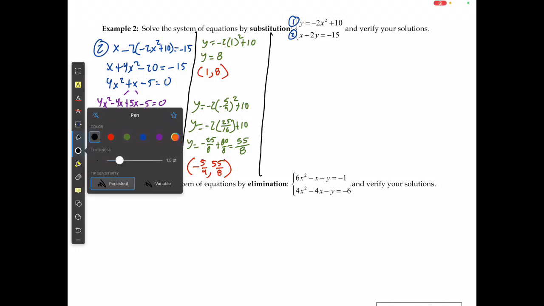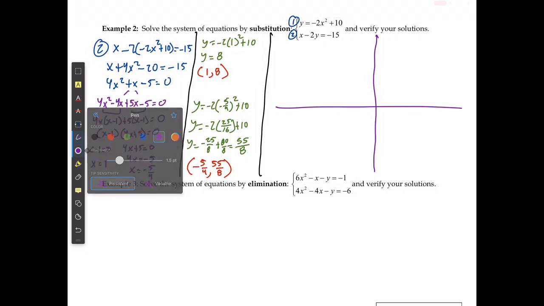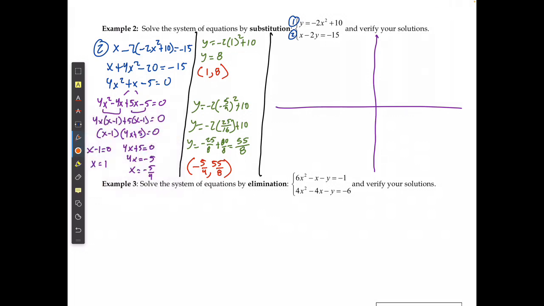Now I need to verify these. I'm going to split this into 4 sections so that I can verify both solutions in both equations. So I'm going to start with my first equation and my first solution, and I'm going to say that if I have 8 is equal to negative 2 times 1 squared plus 10, then 8 would equal negative 2 plus 10. 8 is equal to 8, and the left side is equal to my right side.